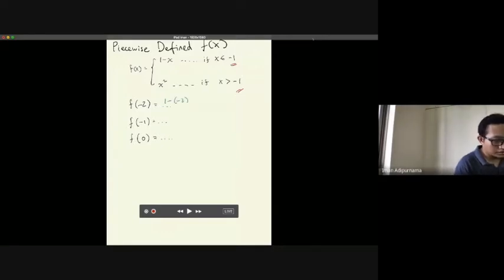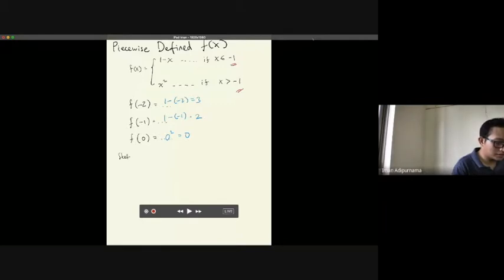So it would be 3, right? And what about -1? Is it 1? So we still use the same, okay? And 0 is greater than, so it's just 0 squared, plain 0.